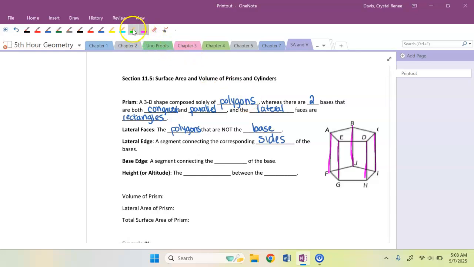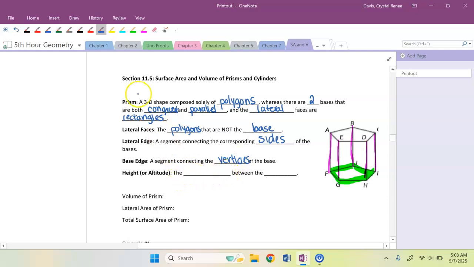The base edges are edges along the base, okay, so that would be this. These are the lines, okay, they're the connecting points. They connect the lateral edges to the base. So the base edge is a segment containing the vertices of the base.